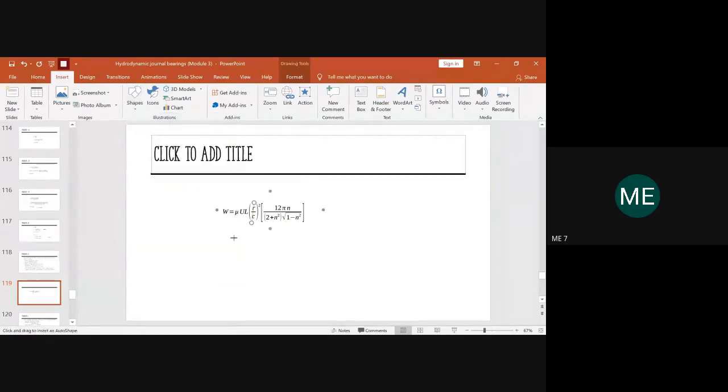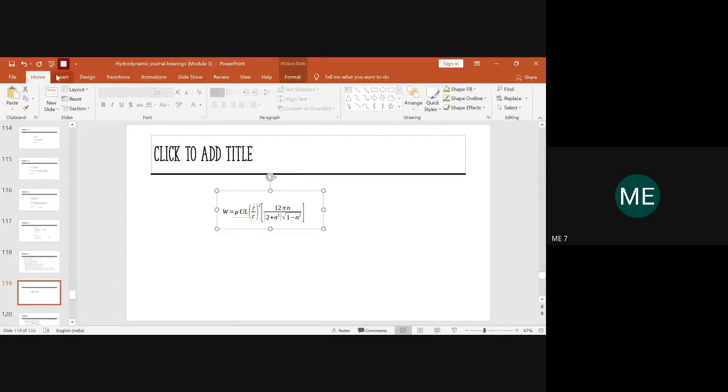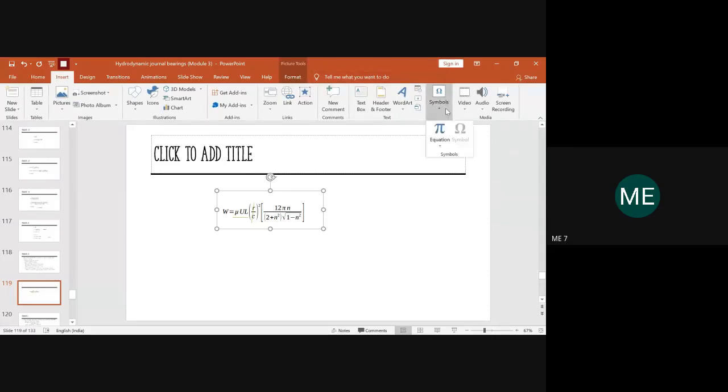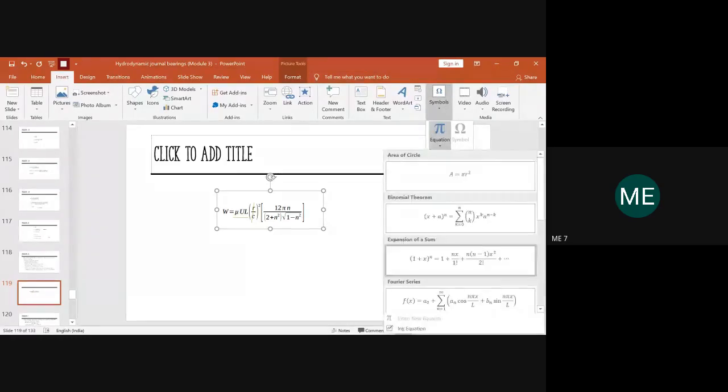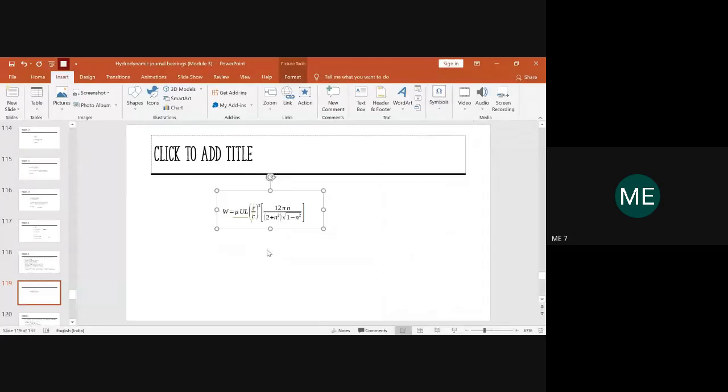Instead of this term, you just put a denominator, and here you represent the symbol chi. That will yield the diametrical ratio. So this should be chi here.